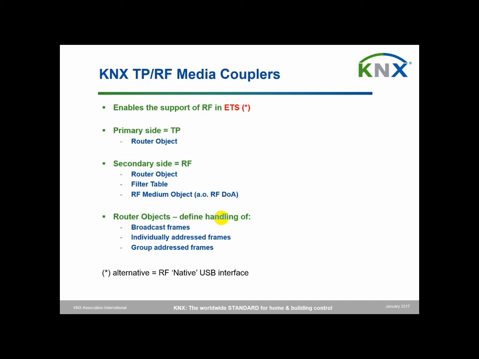If, however, the RF installation is a native installation, so only RF devices, you still need the possibility to give ETS access to those devices. In that case, you need to use the alternative, which is an RF native USB interface. They are also offered by some of our KNX members.